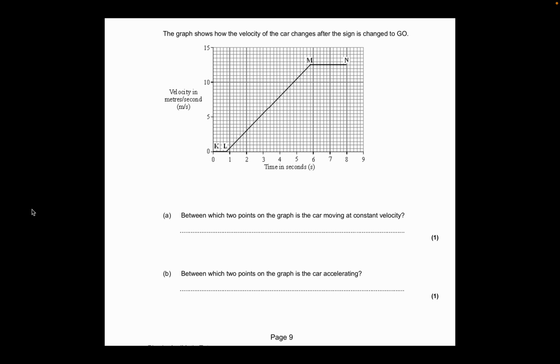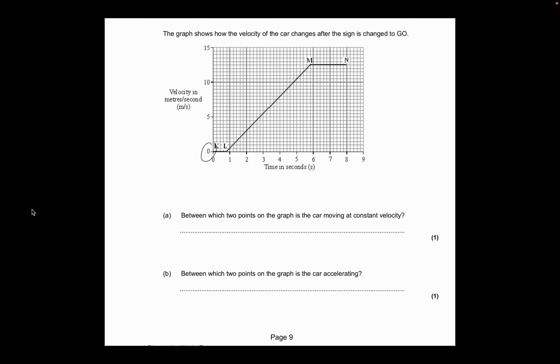So, if you look at the graph, at constant velocity, it could be between K to L. However, that's starting at the origin, right? Between K to L, there's no velocity, so we cannot use K and L in this case, because the points between K and L have 0 velocity.